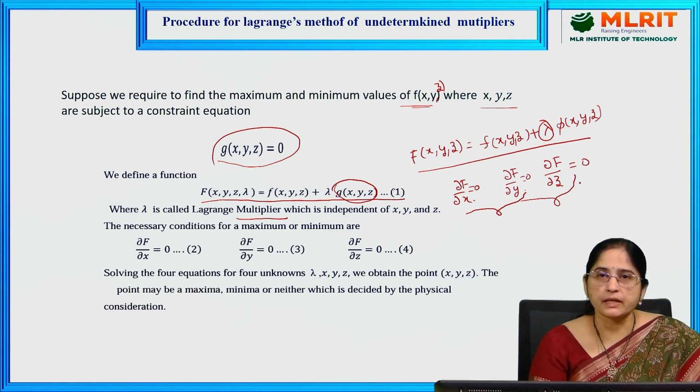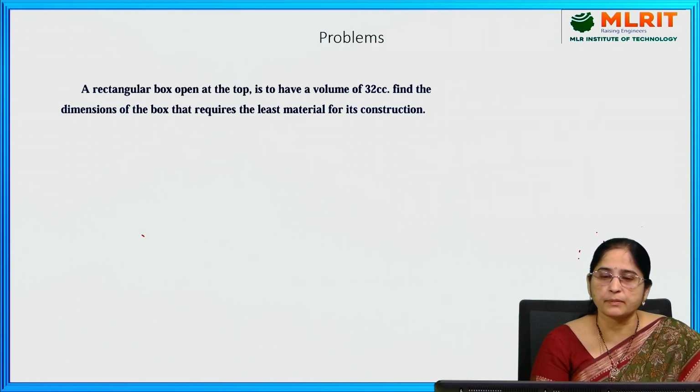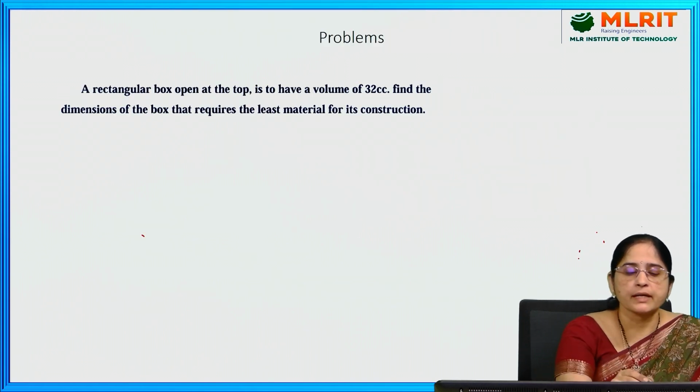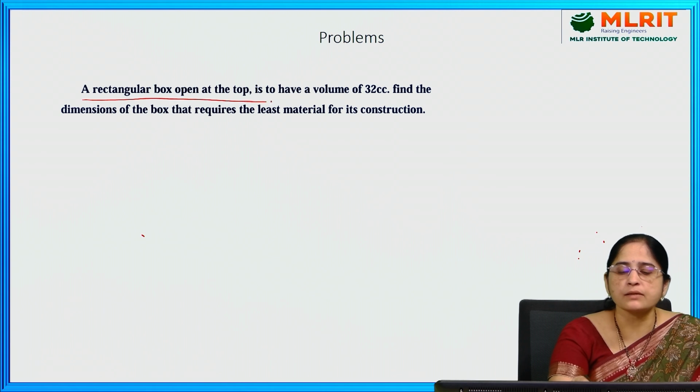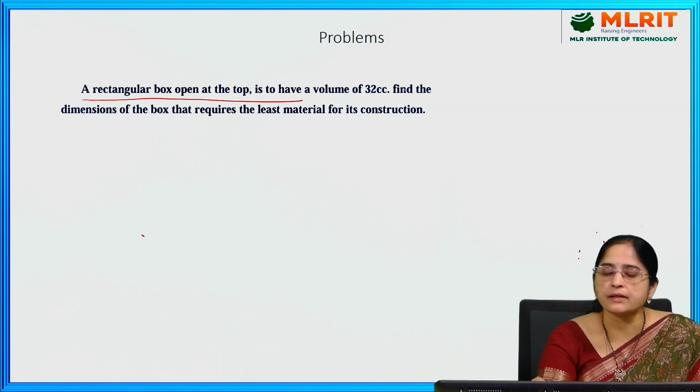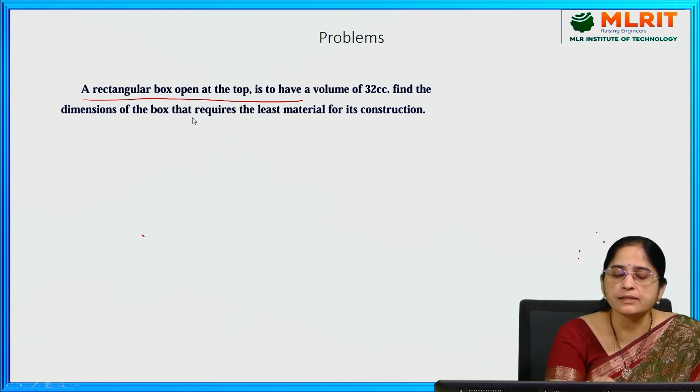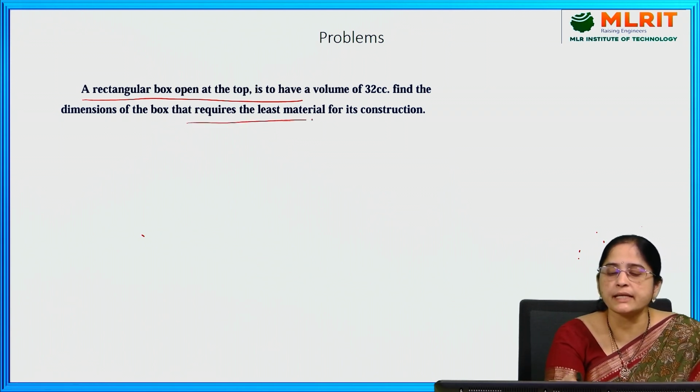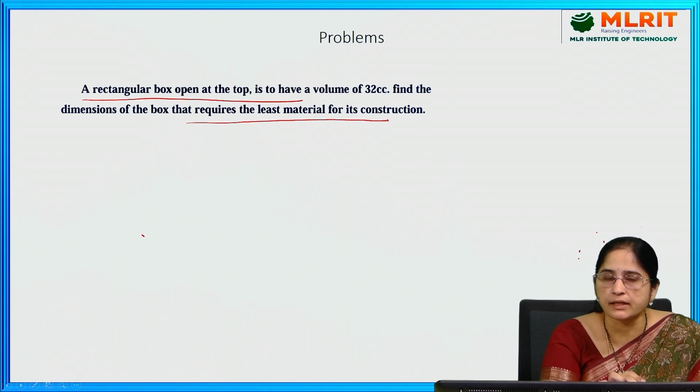Next, we will see how to solve problems based on Lagrange's method of undetermined multipliers. Here is a rectangular box open at the top to have a volume of 32 cubic meters. Find the dimensions of the box that requires the least material for its construction.